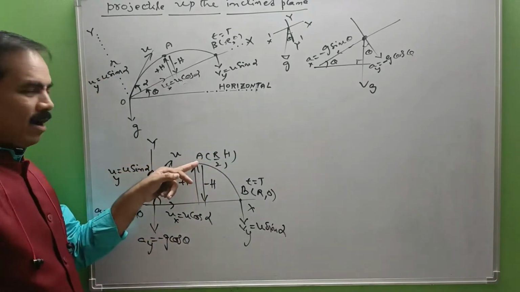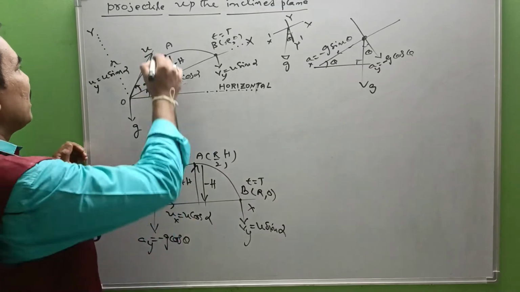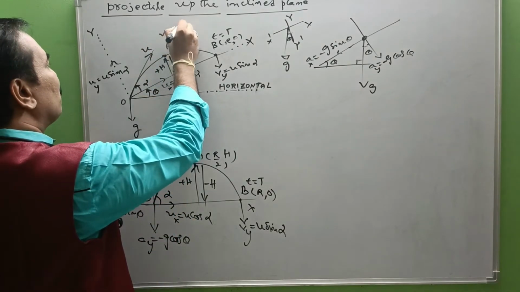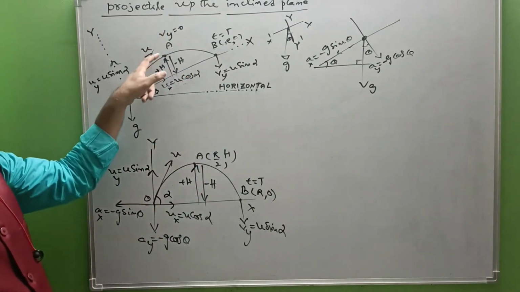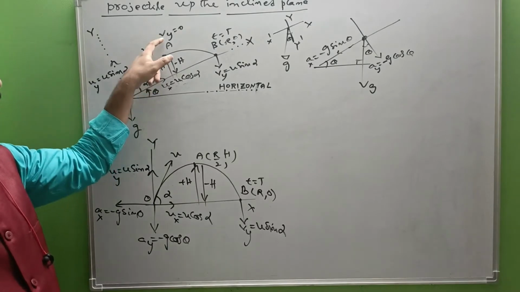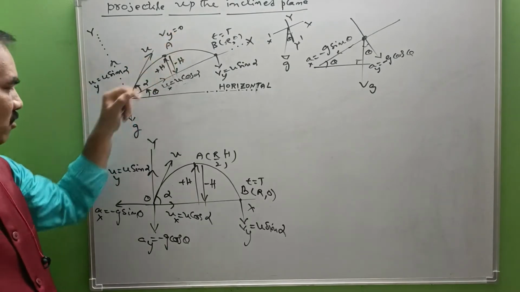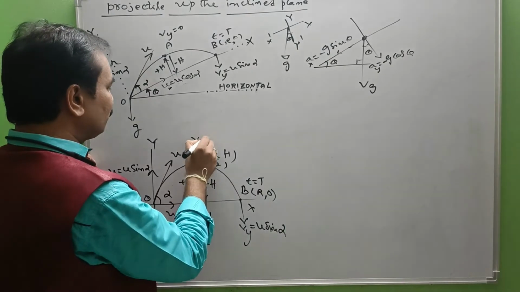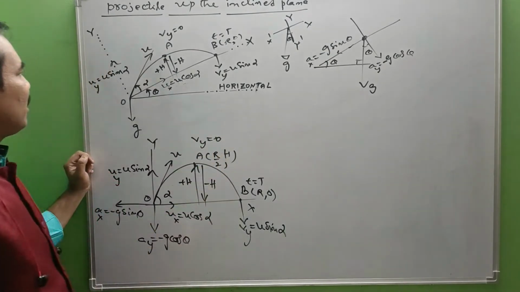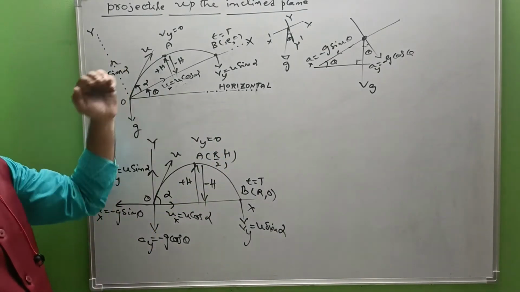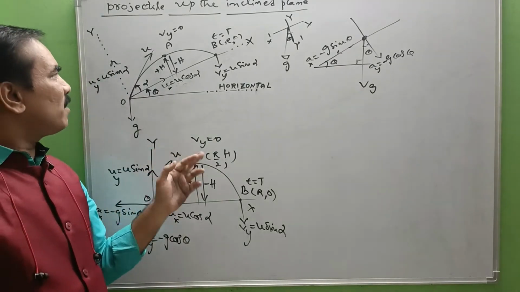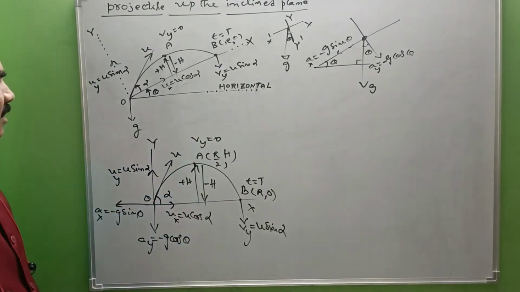Here at point A, what is the vertical component of velocity? Vy equal to 0. At point A, at the highest point, the vertical component of velocity is 0. Because of gravity, the vertical component decreases and becomes 0 at the highest point. So here also Vy equal to 0, right?